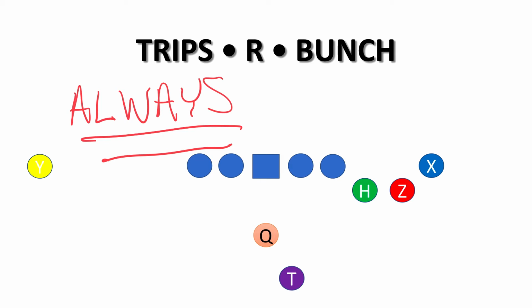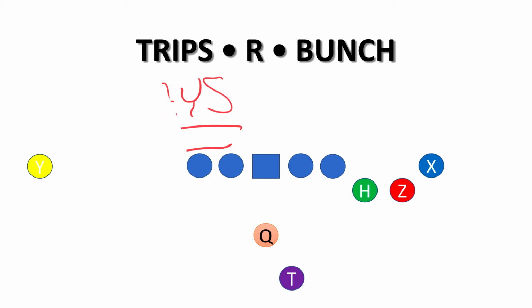You want to eliminate as many of those as you can in your football program. So this is another one of those alwayses. When we call bunch, it is always for the multiple receiver side, and they always take 1-yard splits, and the H and the Z always line their front foot up on the outside receiver's back foot. So always, always, always.